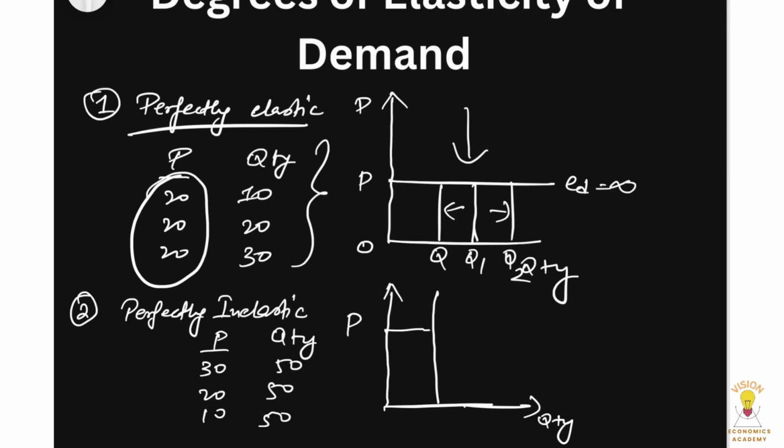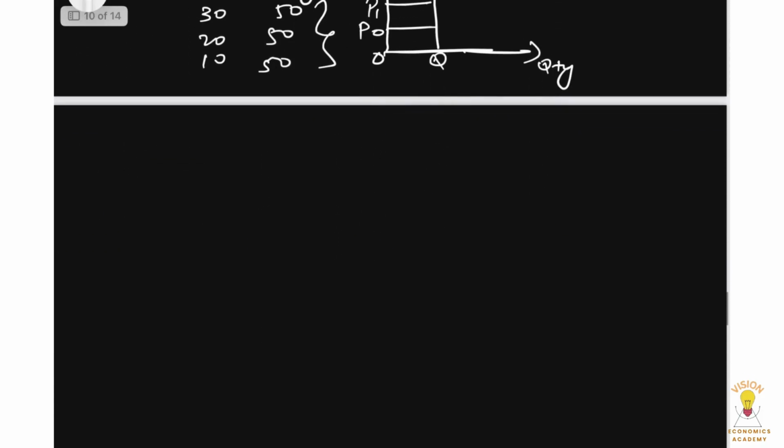So at any price P, P1, P0, the same quantity is demanded. So these two are both theoretical, whereas the next one, the third one, is highly elastic demand.